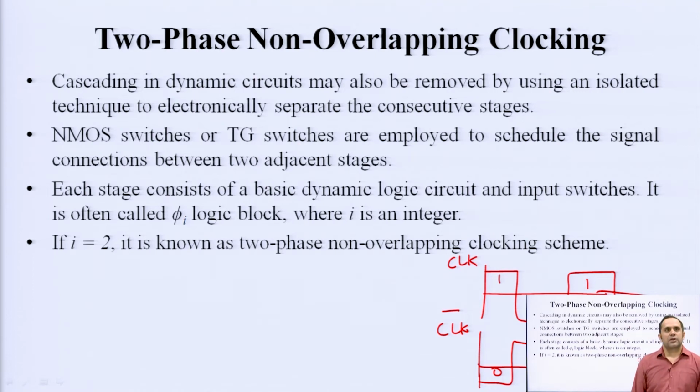Okay. The clocks can either be overlapping or non-overlapping. We are trying to use what is known as a non-overlapping clocking scheme, which basically says that any two clocking signals, if you are comparing two clocking signals, you can compare more than two also, both of them should not be equal to 1 at any instant of time.